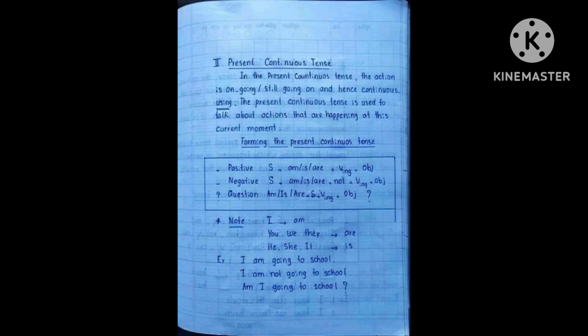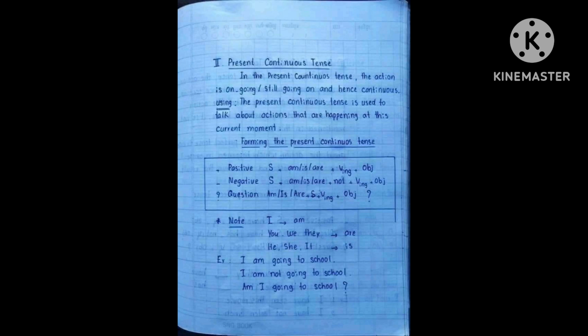When it comes to the negative, subject plus am, is, are according to the subject, and we use not plus the ing form of the verb plus object. Then next comes the question. First comes the auxiliary verb like am, is, are, then the subject, then the ing form of the verb and object.